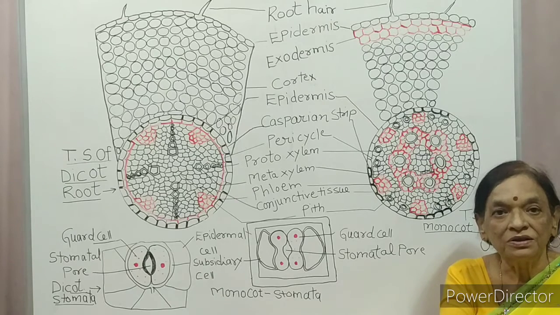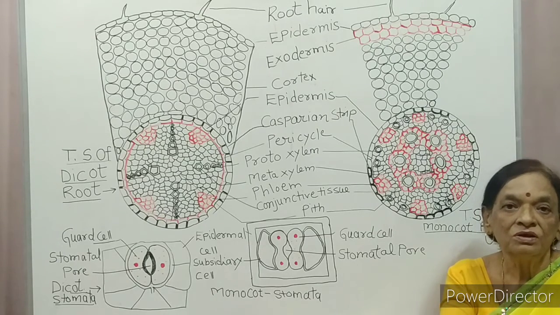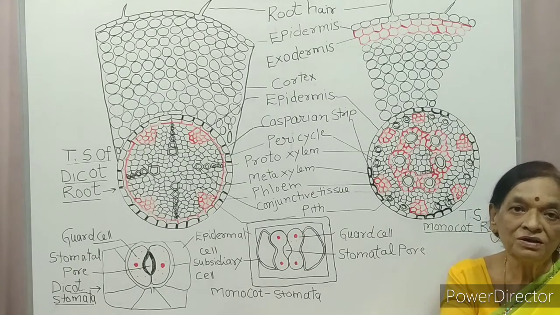Stem and leaf also have hair. They are called trichomes, and these hairs are multicellular. So root hairs are unicellular and stem and leaf hairs are multicellular.